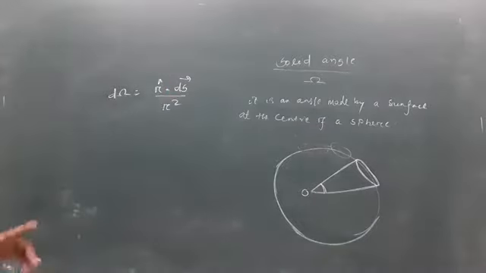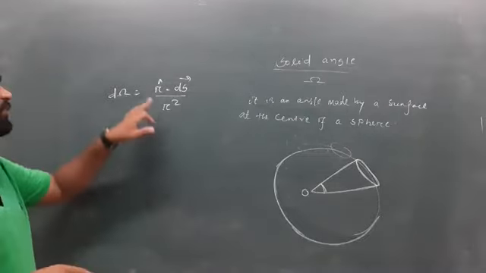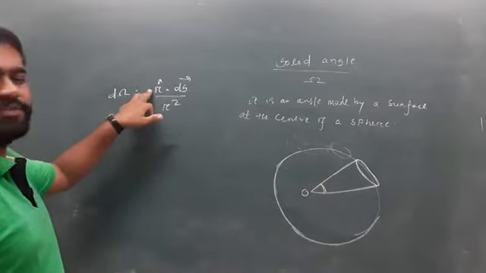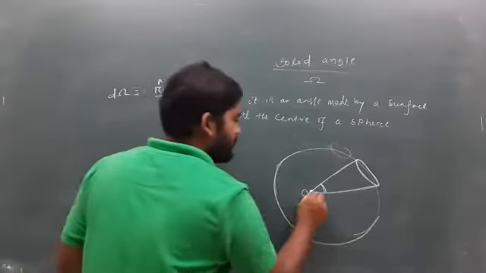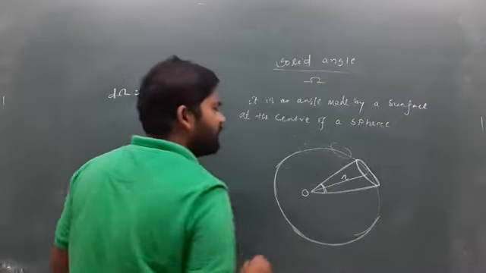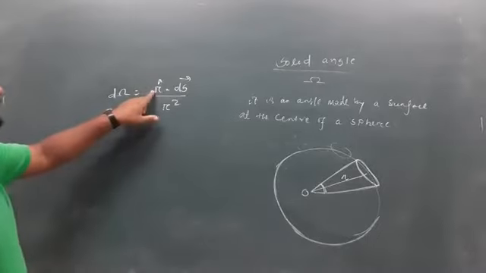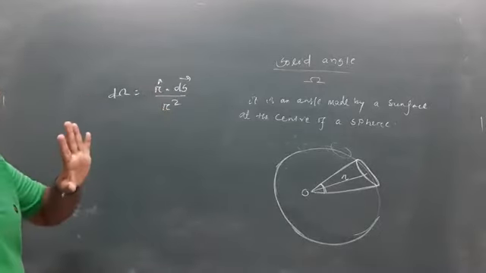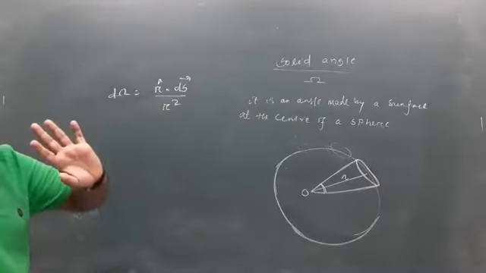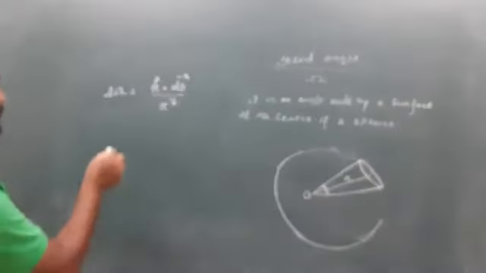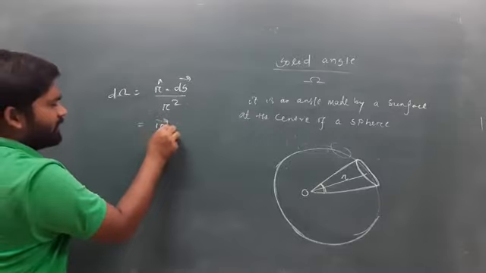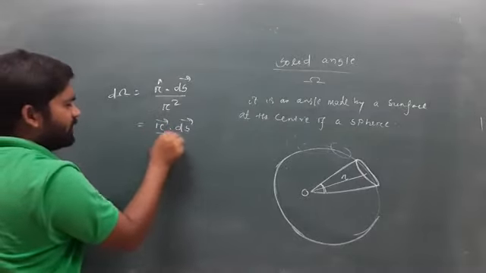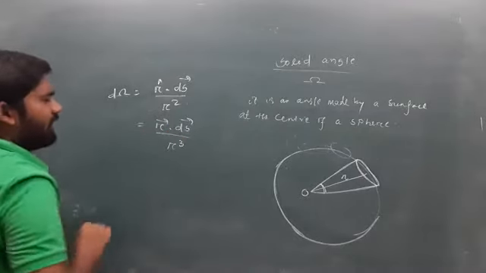It is a dot product ratio of the unit vector, meaning the unit radius of the surface. r cap dot ds divided by r square, that is one definition of solid angle. Otherwise, we can say it is r vector dot ds vector divided by r cube.